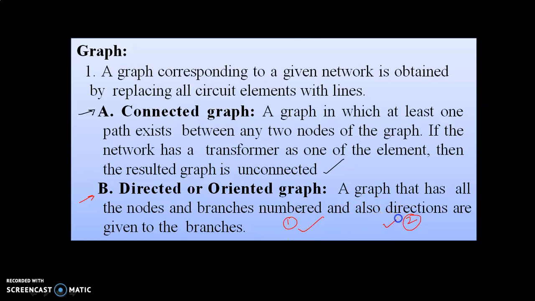This is very important for the definition of directed or oriented graph. Let me repeat it once again. A graph that has all the nodes and branches numbered and also directions are given to the branches.